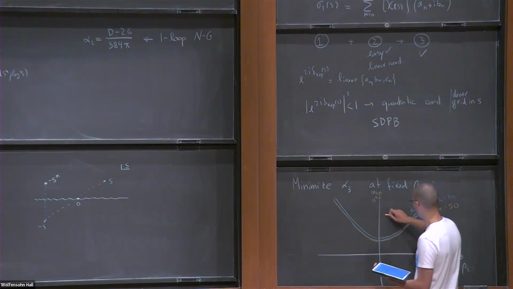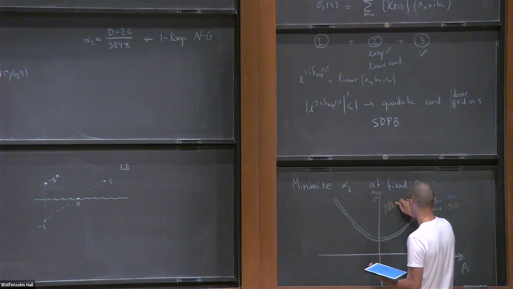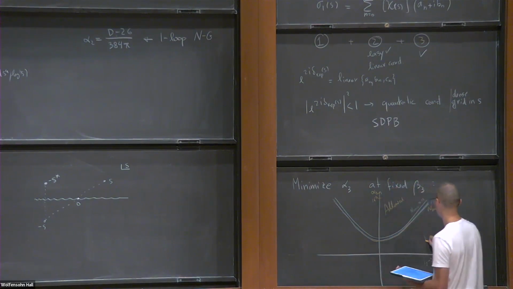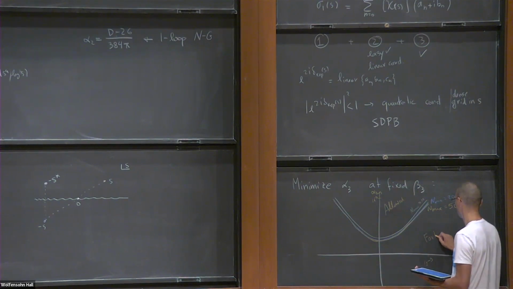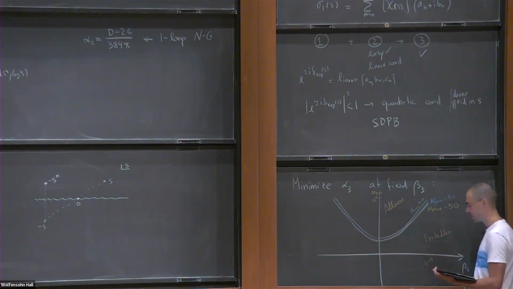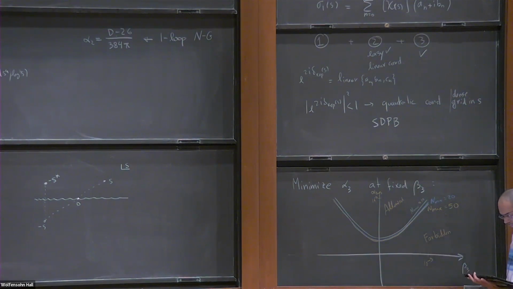And so this is the allowed region. There's no upper bound, for example, on alpha 3, and this is forbidden here. And this is the shape of the bound. Questions?